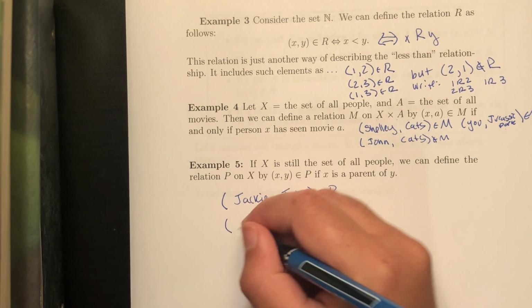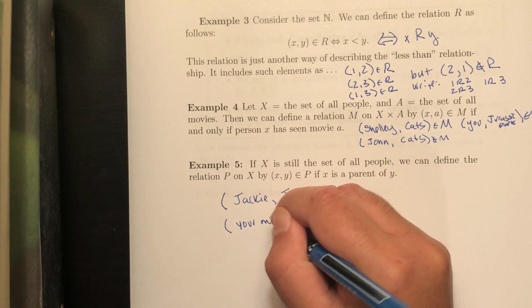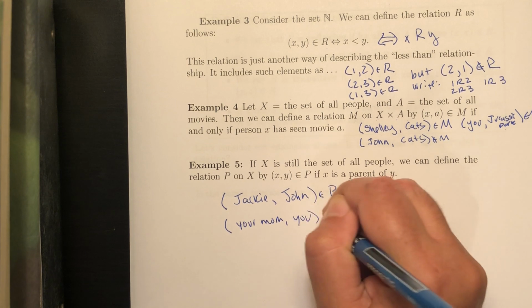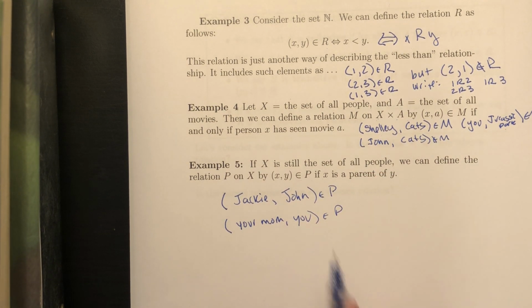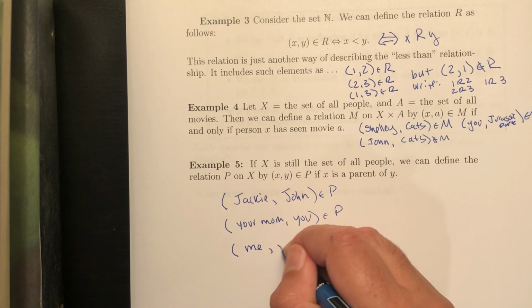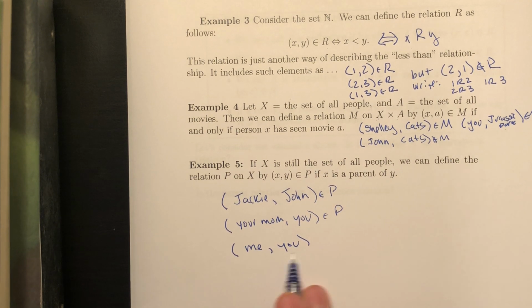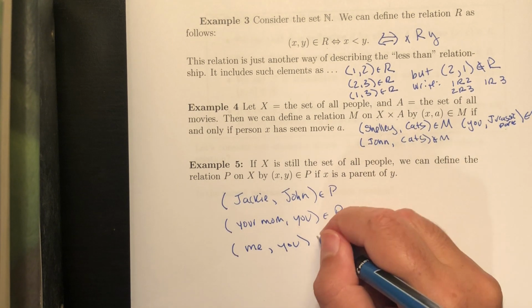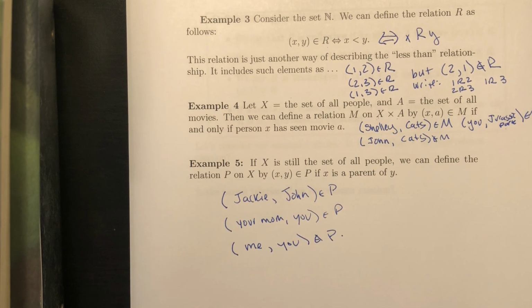Or, you know, your mom comma you are going to be in this relation because your mom is the parent of you. But for two people that are not related, let's say me, Shelley, and you, the viewer, I am not your parent, so this does not satisfy this relation.